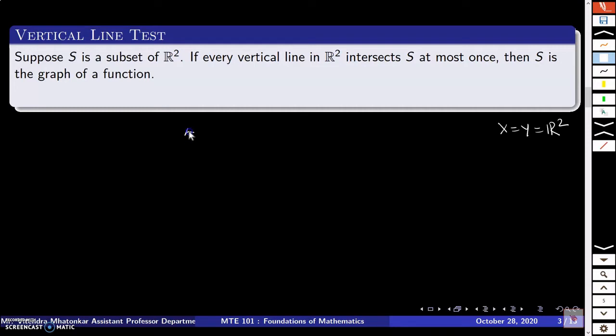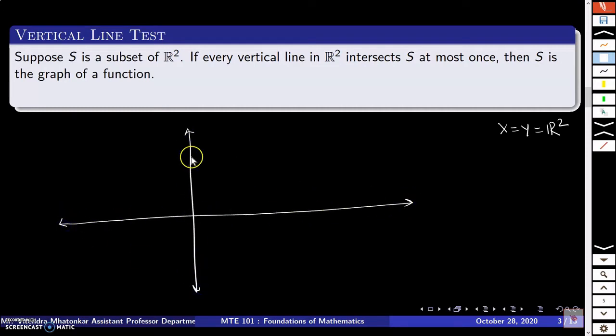Okay, so if I have R2, that is your R cross R, the xy plane, with R and R here as x and y respectively. Supposing I give you some subset, let's say I pick the identity function f of x is equal to x. This is the function y is equal to x.